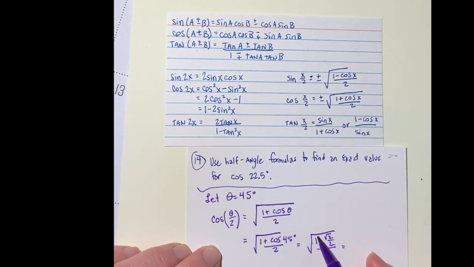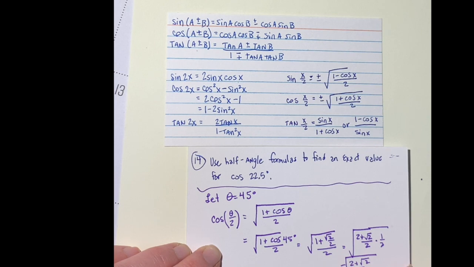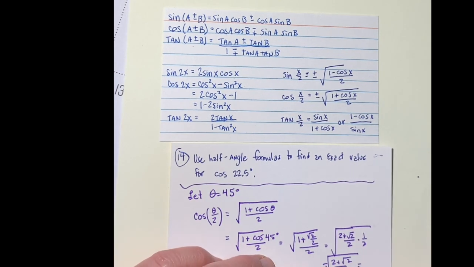And I'll go ahead and think of this as 2 over 2, so let's write this as 2 plus square root of 2 over 2, divided by 2, or times 1/2. Again, becomes 2 plus square root of 2 over 4 under the square root. And since 4 is a perfect square, you could actually pull that out of the radical and just say square root of 2 plus square root of 2 on top with 2 on the bottom if you want to bring the square root out.